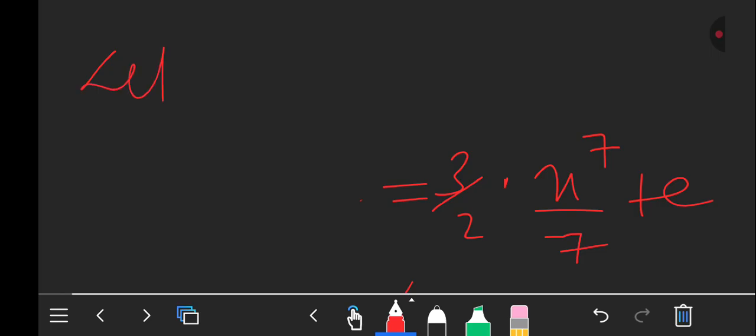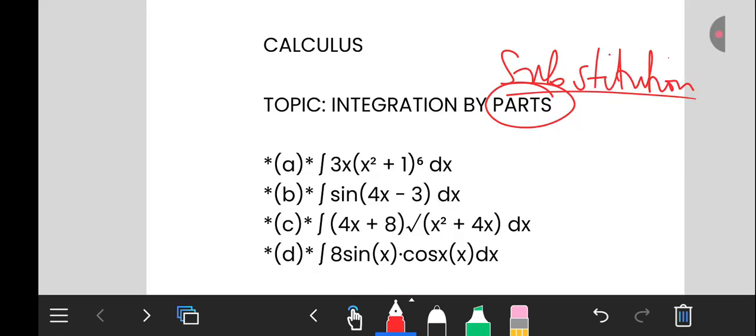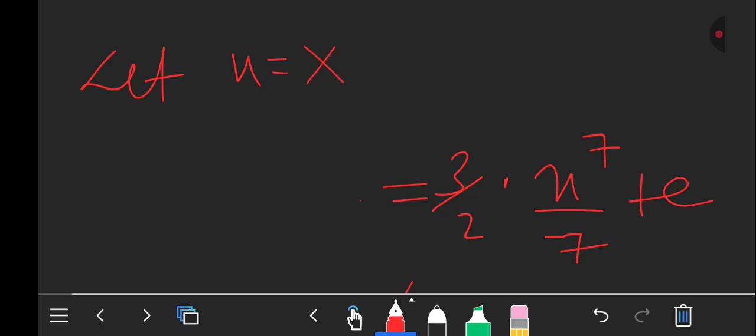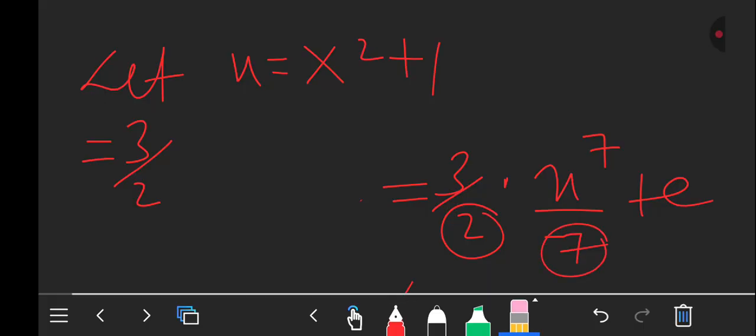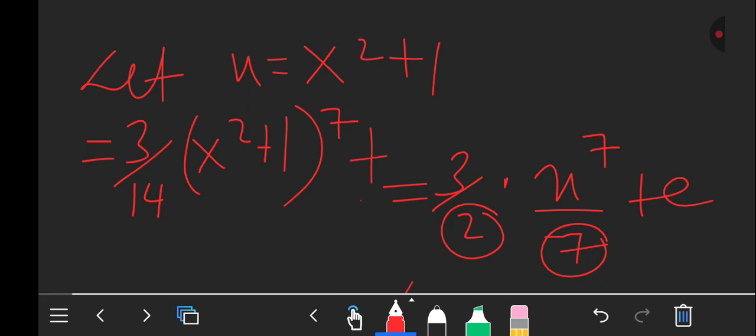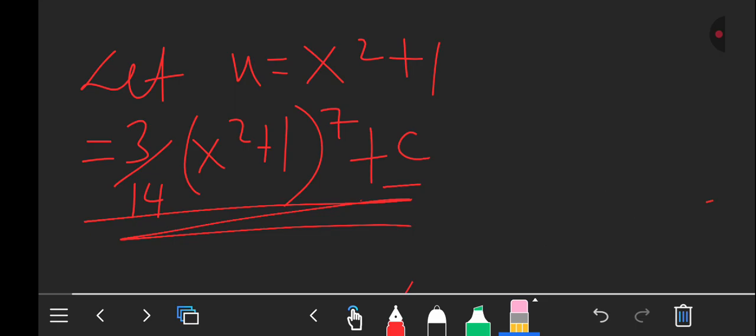Remember, we said let u be equal to what was in the bracket, x squared plus 1. So you bring it back. So it will now be equal to 3 over 2, and this 2 can multiply by what is on the denominator, which is 7. So 2 times 7 is 14. So 3 over 14, then where there is u, substitute x squared plus 1, then to the power 7 plus c. So this is the answer you get.